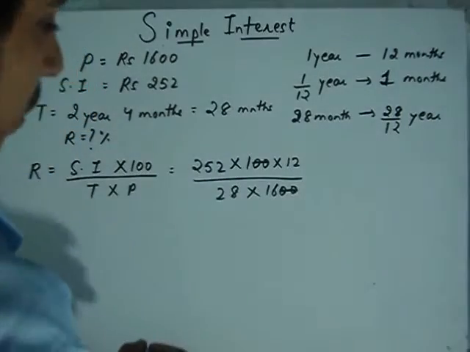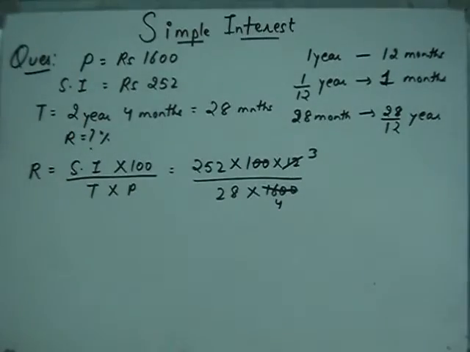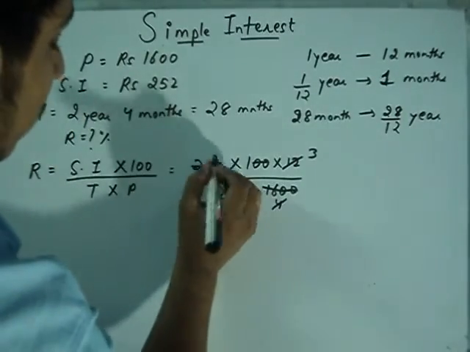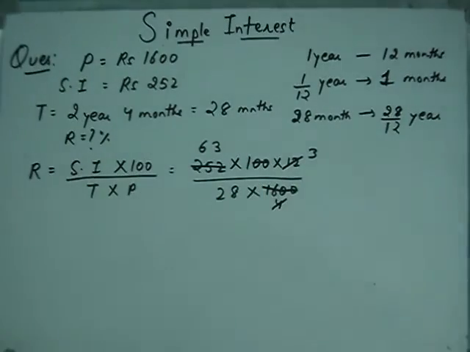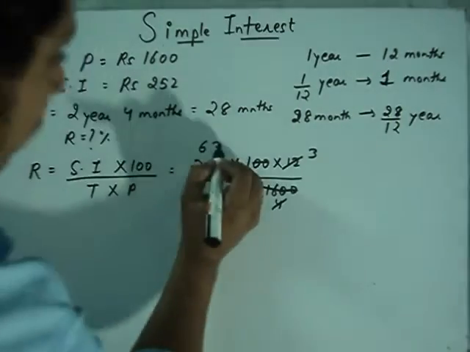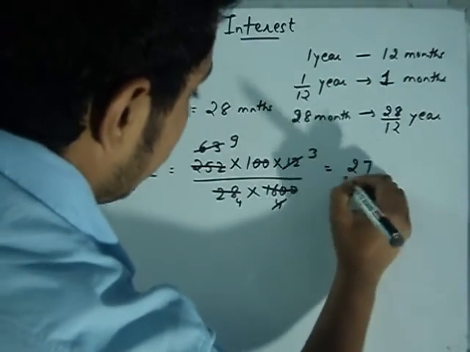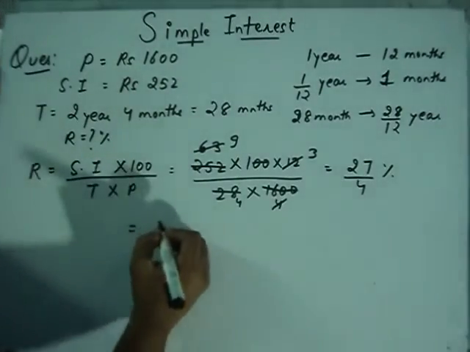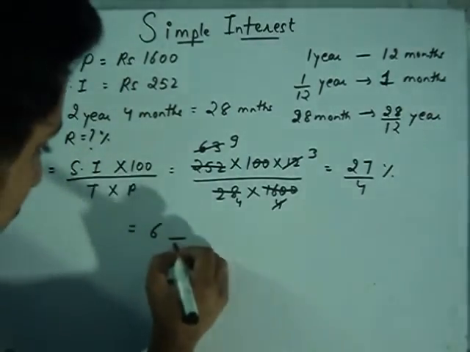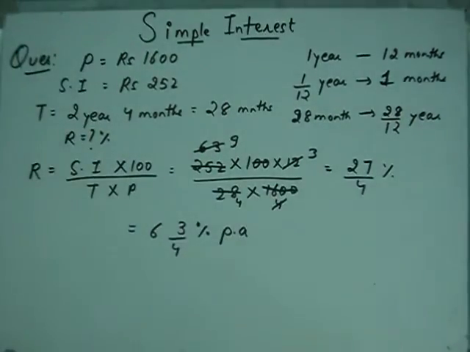By cancelling out, we get 63, then 9, and then 4. We have our answer as 27 by 4%, or we can convert it into a mixed fraction, 6 and 3 by 4. It is our answer.